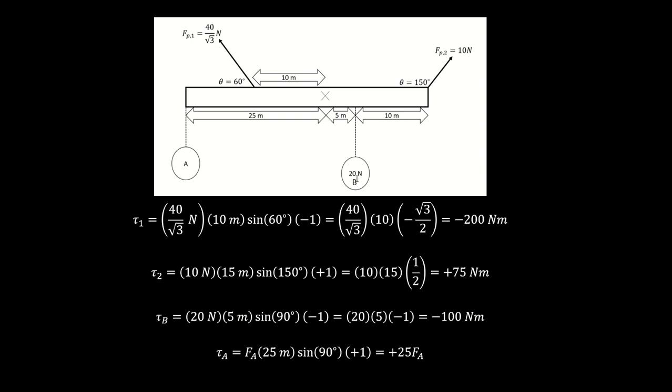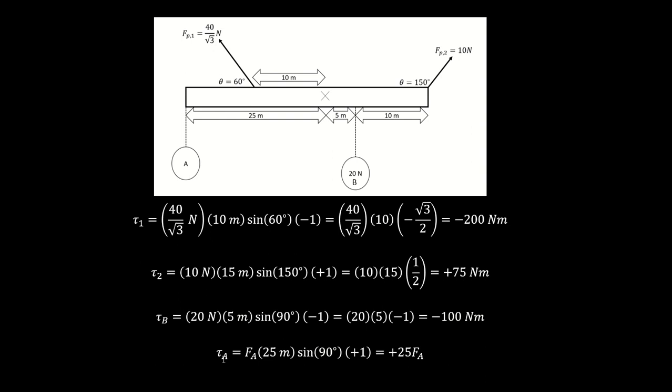And then weights always point down, so we have a downward force, and then as we move down and move toward our point of rotation, we have a clockwise torque, or -1. This is going to be -100 Newton meters.